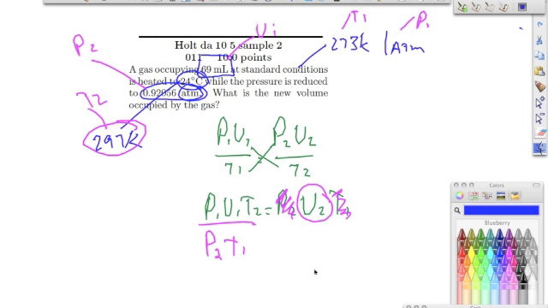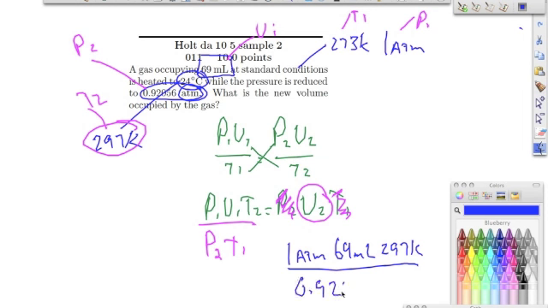We have our initial pressure of 1 atmosphere times our initial volume of 69 milliliters times our T2, which is 297 Kelvin, all divided by our P2, which is 0.92056, times our T1, which is 273 Kelvin.